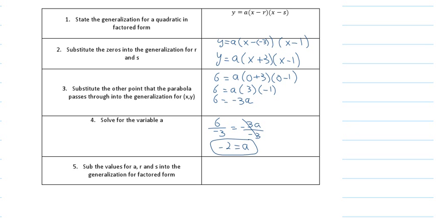And after I do this, all I have to do is put it all together and write it as y equals negative 2 times (x plus 3) times (x minus 1). Does it make sense that my a value is negative? Yes, because I see a reflection, which means it's opening downward.